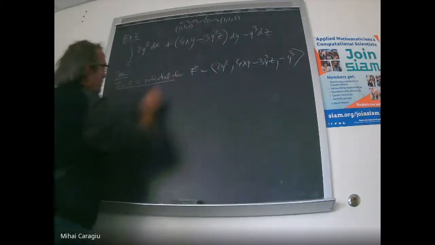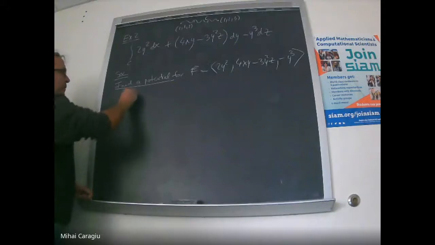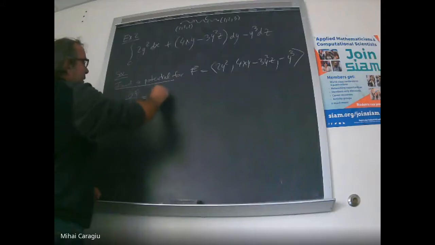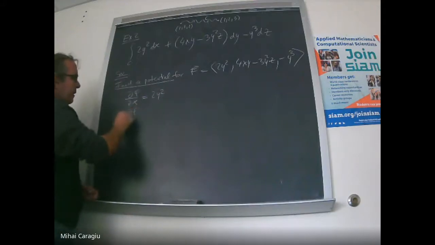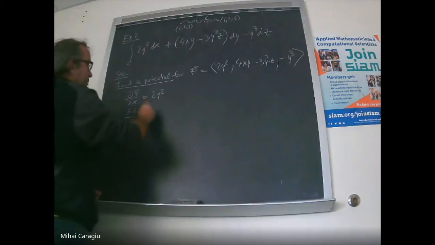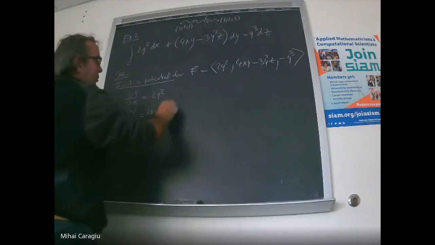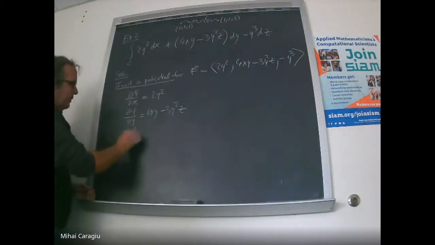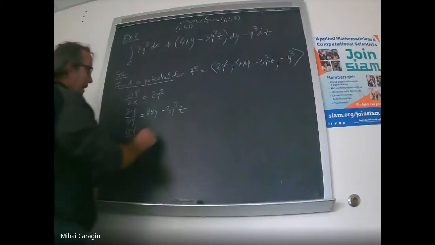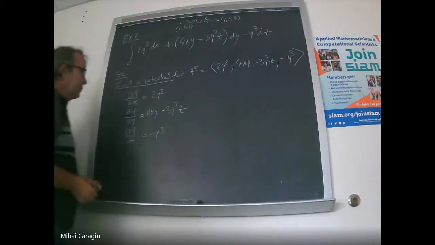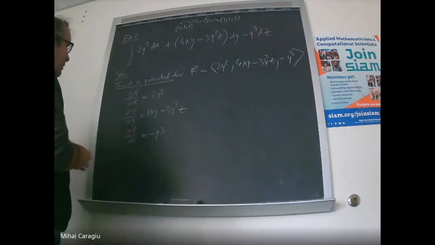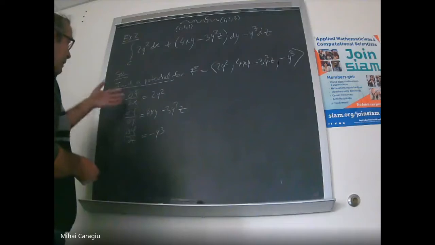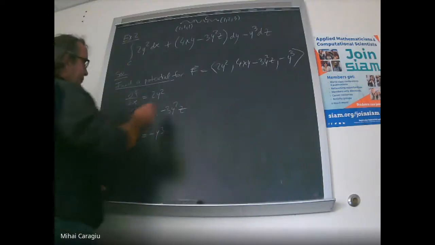To find the potential, what does it mean? dphi over dx should be 2y squared. dphi over dy should be 4xy minus 3y squared z. And finally, dphi over dz should be minus y cubed. So let's try to find enough information from these three to figure out the potential phi.